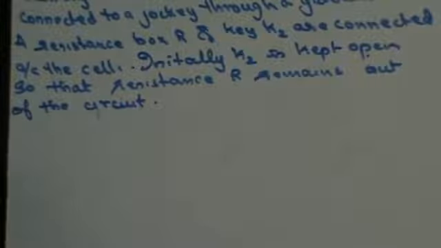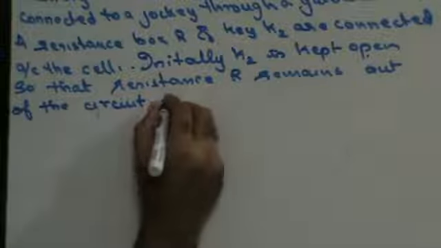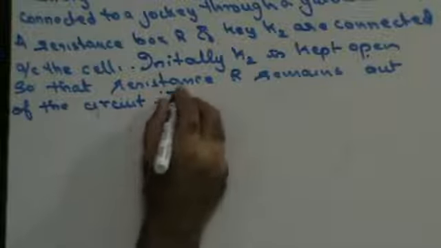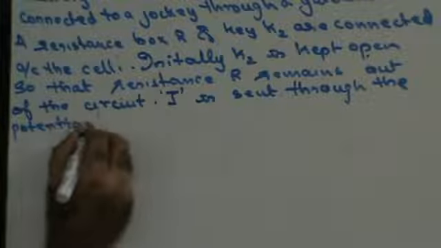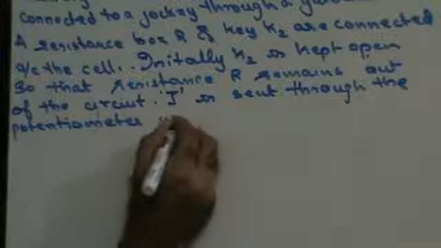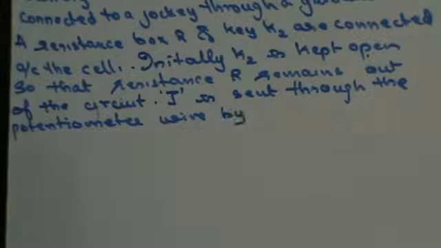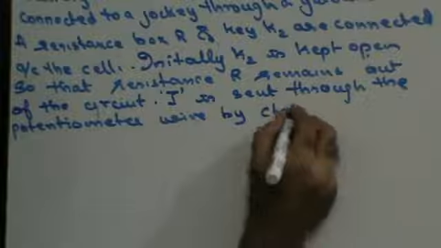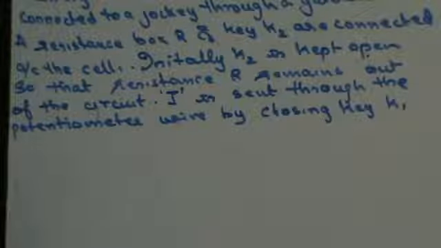Now, current is sent through the potentiometer wire by closing key K1.